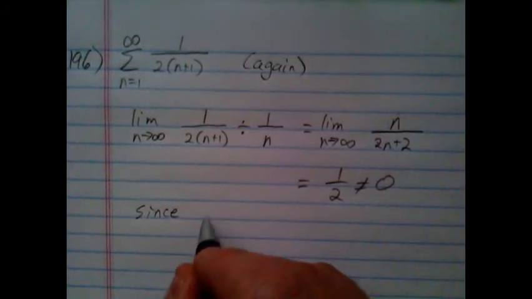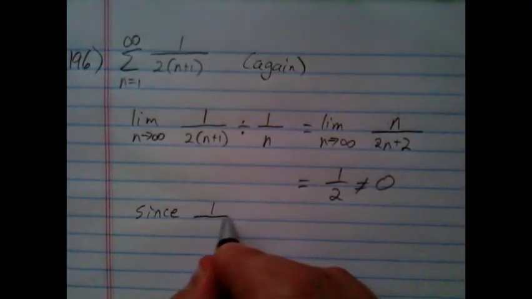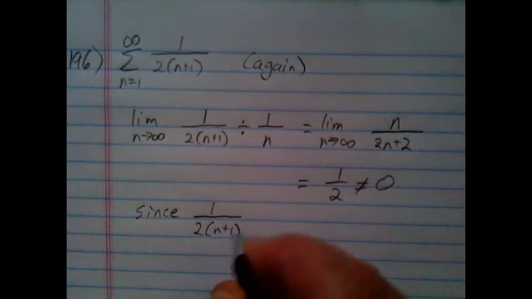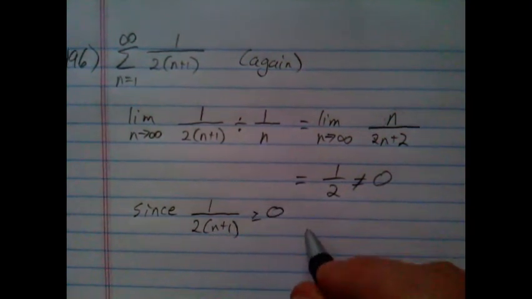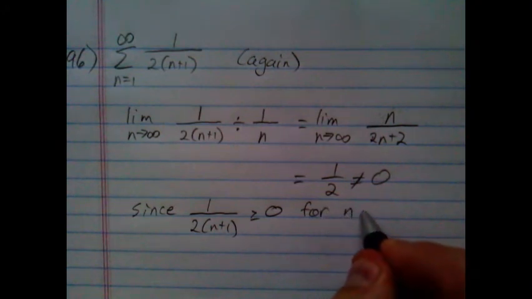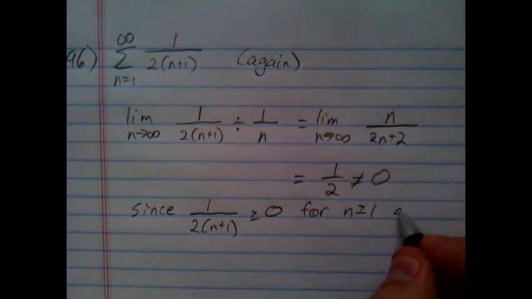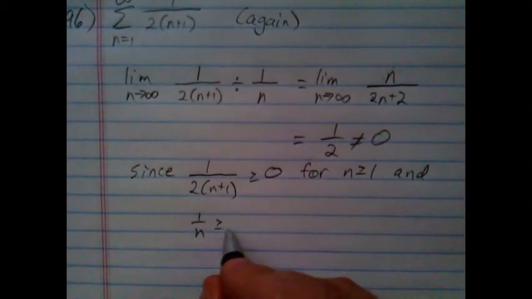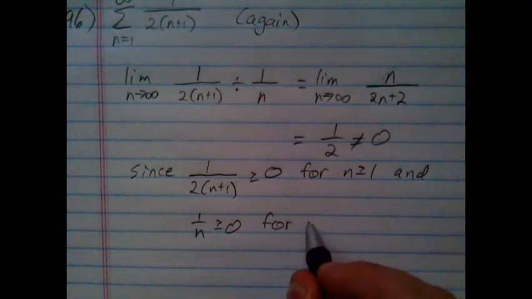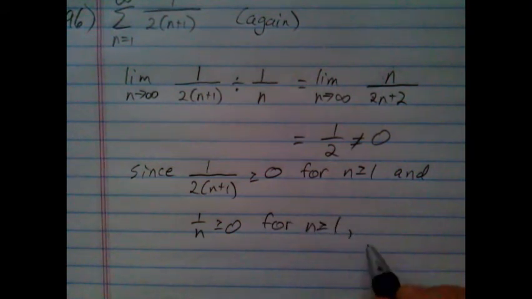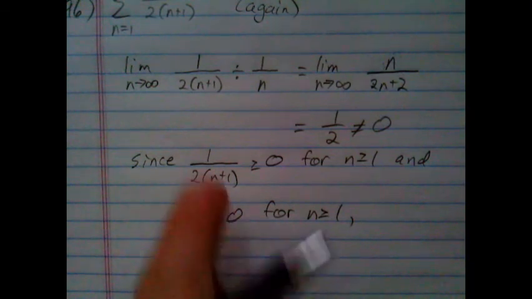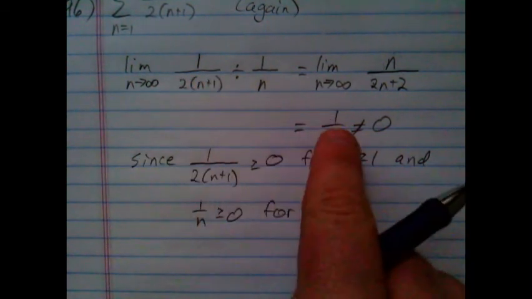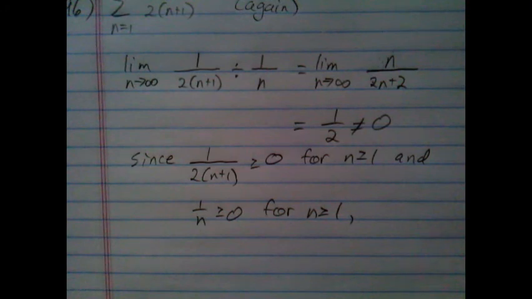So, since 1 over 2 times n plus 1 is greater than or equal to 0 for n greater than or equal to 1, and 1 over n is greater than or equal to 0 for n greater than or equal to 1. And we've already checked that the limit of the ratios of those things is a non-zero constant. That takes care of all the conditions of applying the limit comparison test.